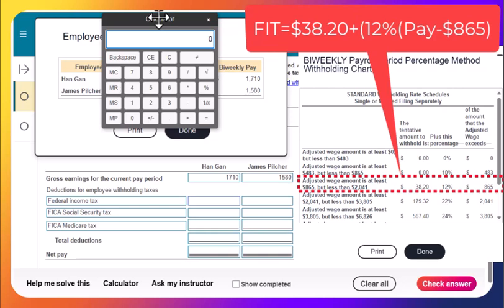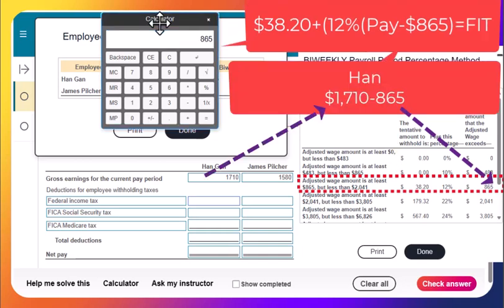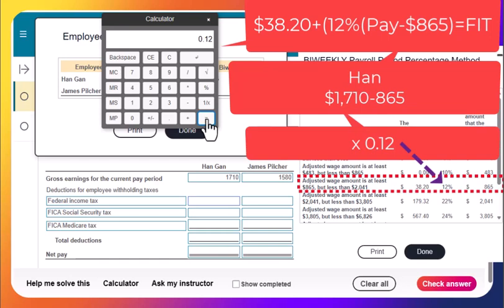So let's go ahead and throw that calculation in our calculator here. So that's going to be 1,710 minus 865. And then we're going to multiply that by 0.12 to get 12% of that amount, for 101.40.